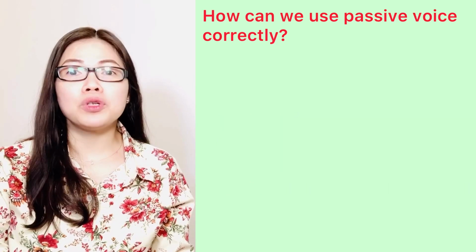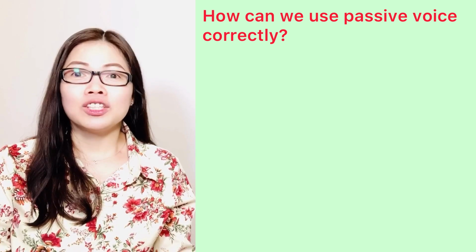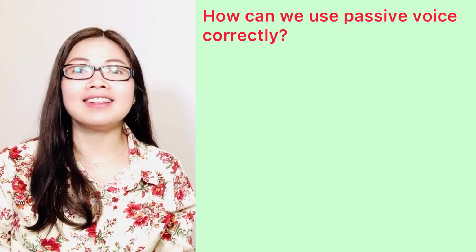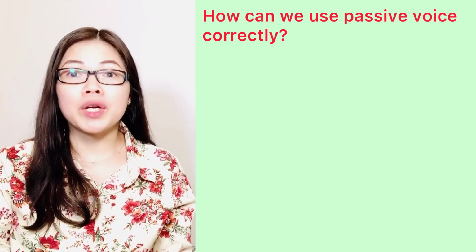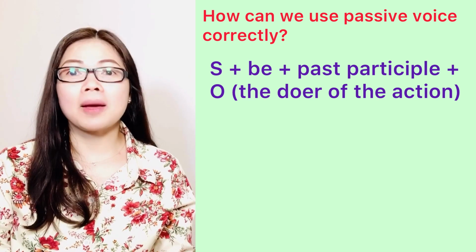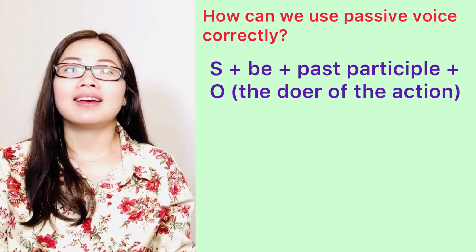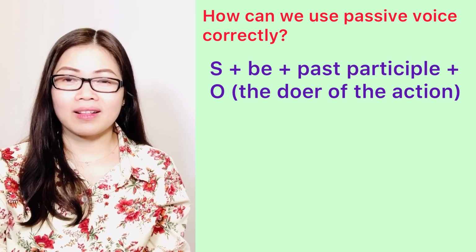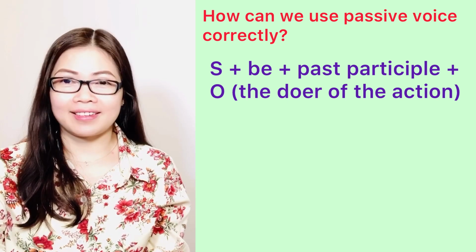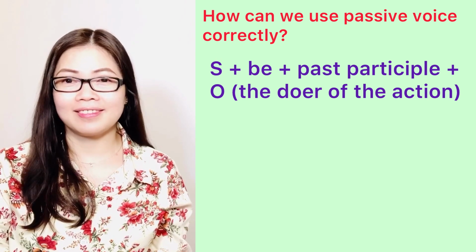Next, let me explain how to use passive voice in English correctly. To use passive sentences correctly, we need to follow this structure. Subject plus be plus past participle plus object or the doer of the action.